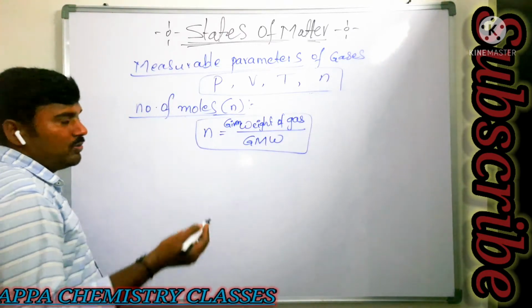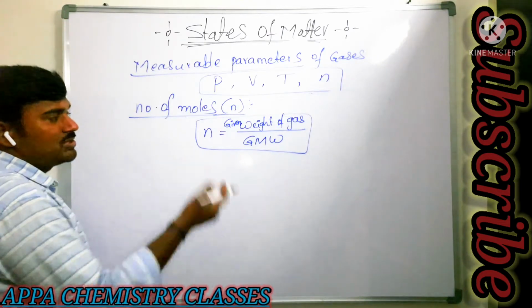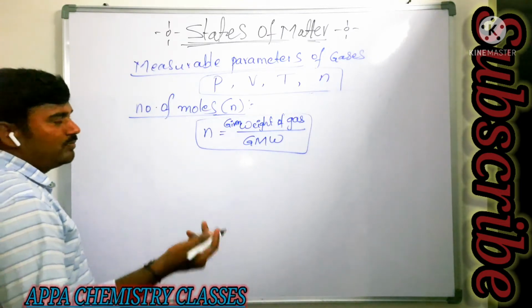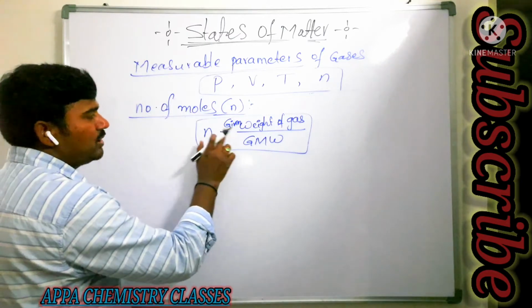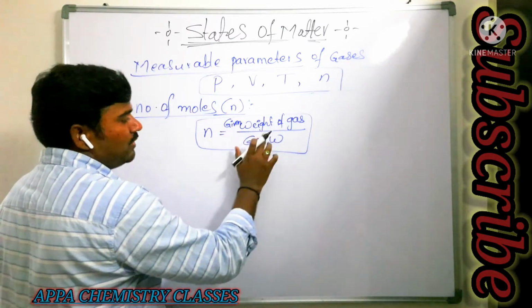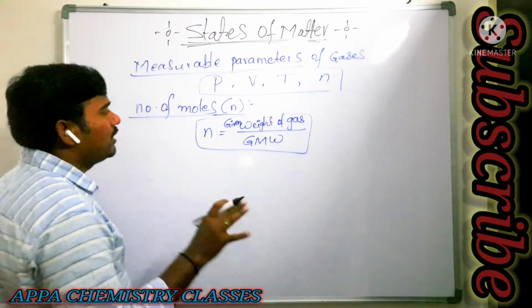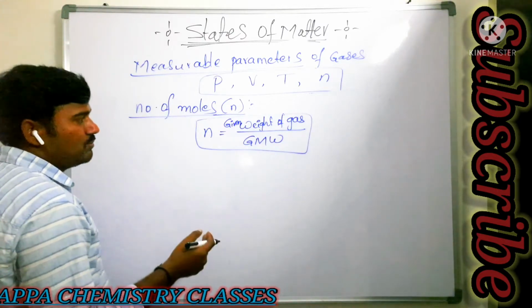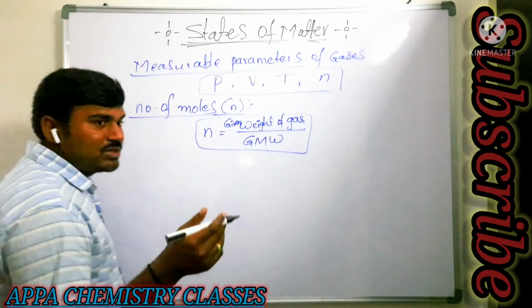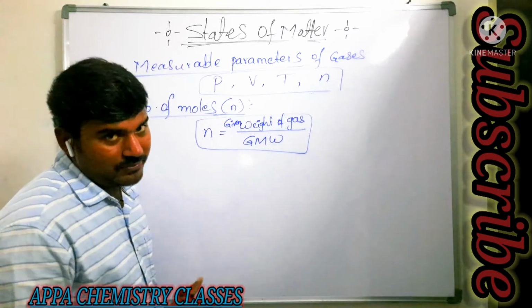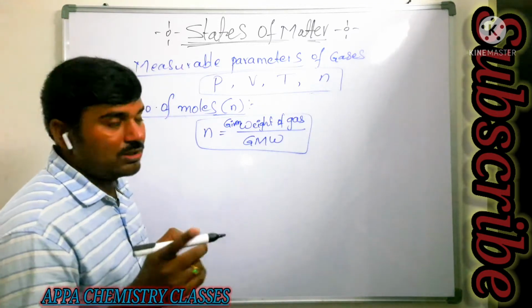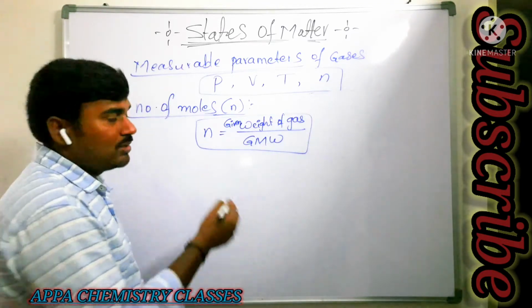You all know the relation with gram molecular weight. So the number of moles can be calculated by the given weight of a gas divided by the gram molecular weight of the gas. Say for example, the weight which contains one gram molecular weight, 1 mole of a gas, is nothing but that.